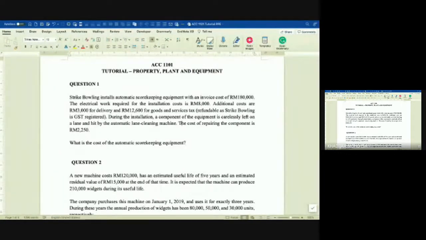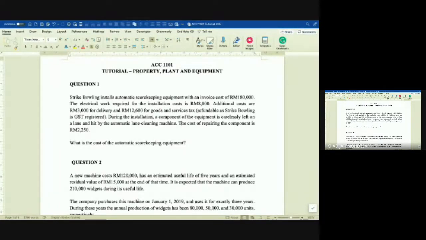And this GST is refundable as Strike Bowling is GST registered. During the installation, a component of the equipment is carelessly left on a lane and hit by the automatic lane cleaning machine. The cost of repairing the component is 2,250 ringgit. So what is the cost of the automatic scorekeeping equipment?